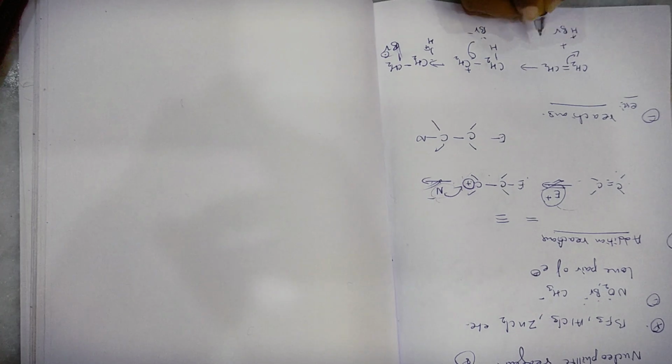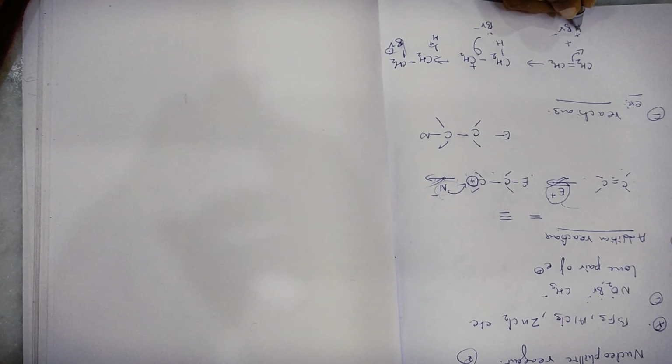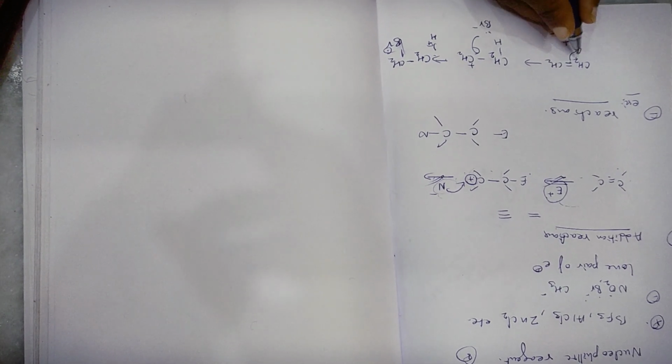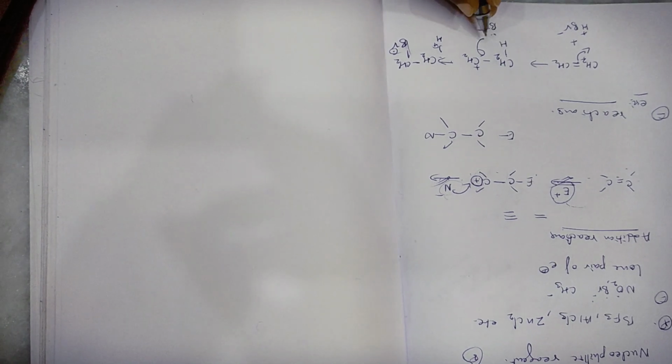In place of ethene plus HBr we can take hydrogen plus and Br minus. Now this hydrogen will attack CH2, leaving one of the bonds, and then the nucleophilic attack happens as we have seen here. So it is CH2H and CH2Br, from HBr.